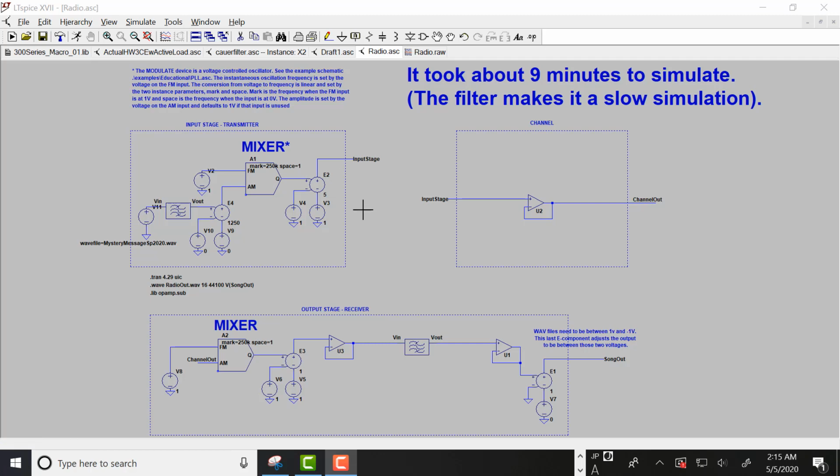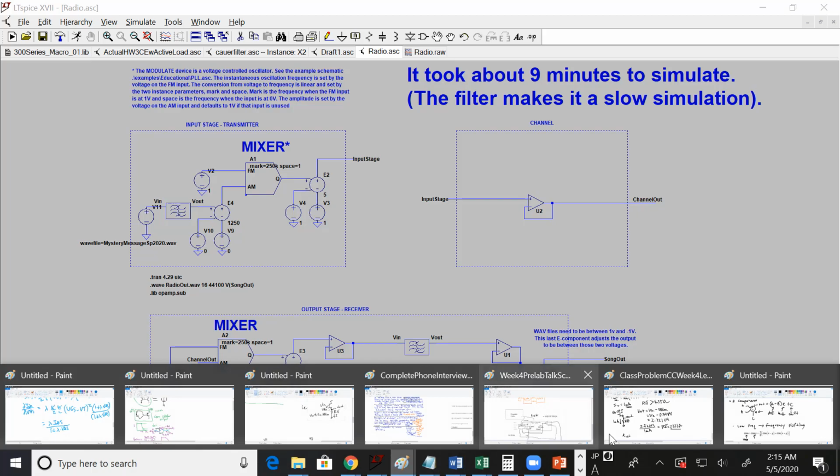So let's look at what the math is for that. This one multiplies the waveform and sends it out through the channel, and then it gets received by the receiver and it gets multiplied again by the same frequency. And let's see why that happens.